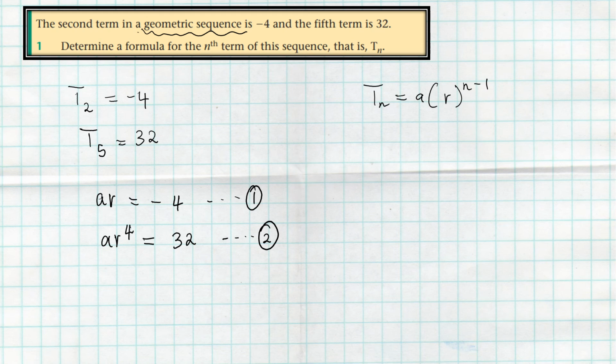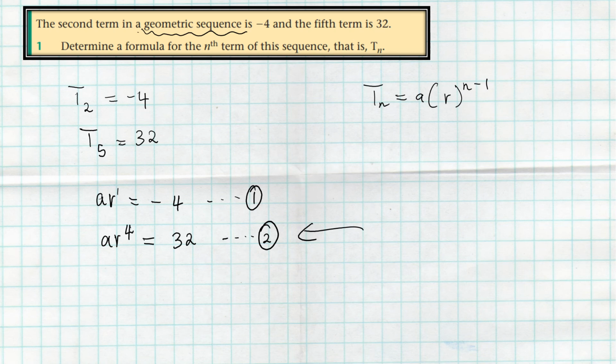So in a geometric sequence, what you can actually do is check which equation has the highest exponent, right? Is it equation 1 or 2? We can see it's equation 2 because we have AR exponent 4. Here we have AR exponent 1 in equation 1. So the one that has the highest exponent is going to be divided by the equation that has the lowest exponent.